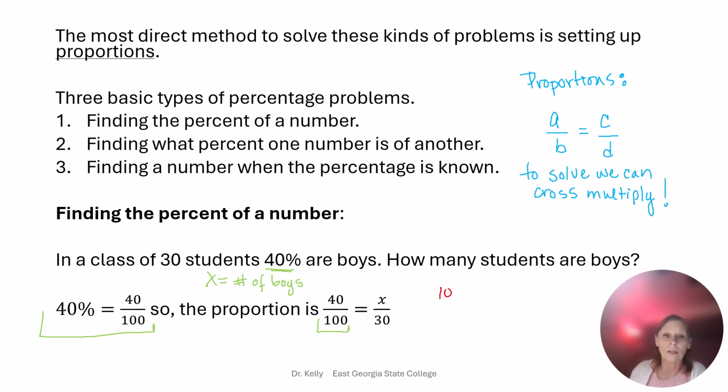We could say 100x is equal to 40 times 30. So 100x is equal to 1200. x is equal to 12. So there are 12 boys in the class of 30.